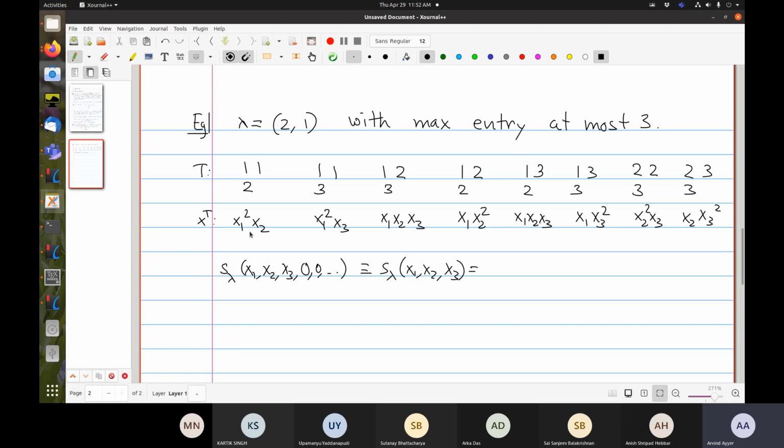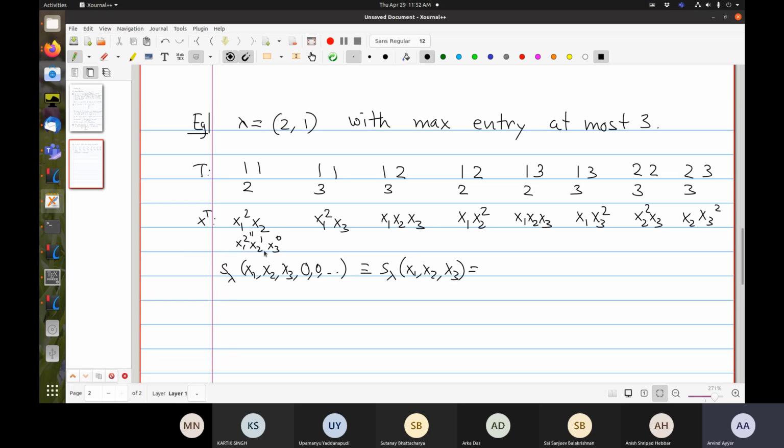You can think of this as x1 squared, x2 to the 1, x3 to the 0. I can apply all permutations in S3 to these, depending on your taste, either the exponents or the indices. But if you apply all the permutations, you will see that they are all here, surprisingly.